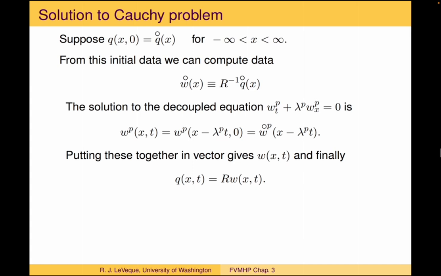Or think of these wp's as the coefficients of the eigenvectors r1 through rm. These coefficients wp are varying with time now, but when we take that linear combination of fixed eigenvectors in R, that gives us q at the corresponding time and space point.